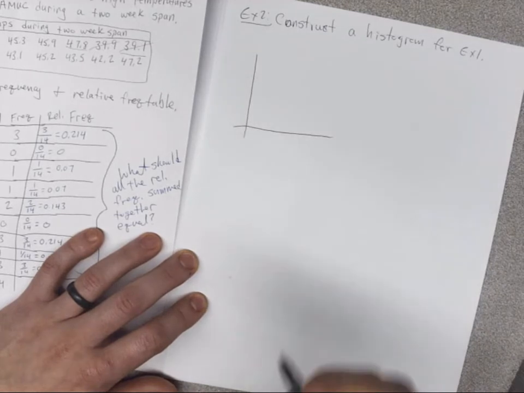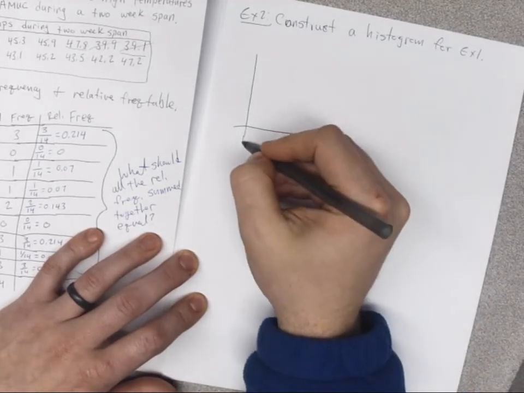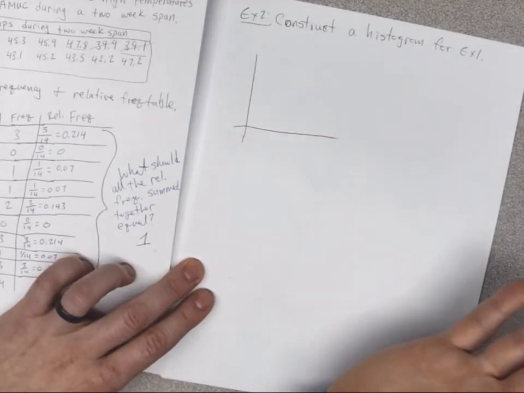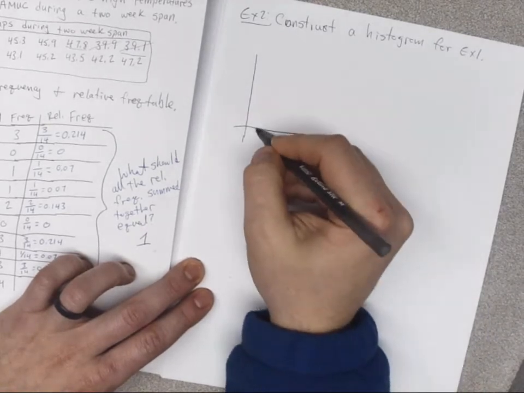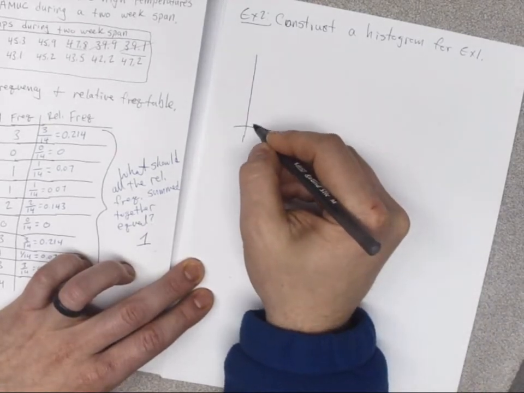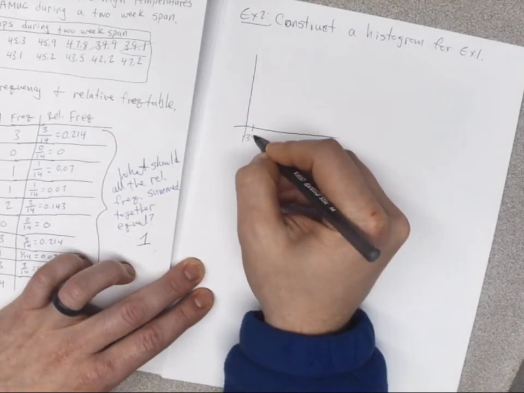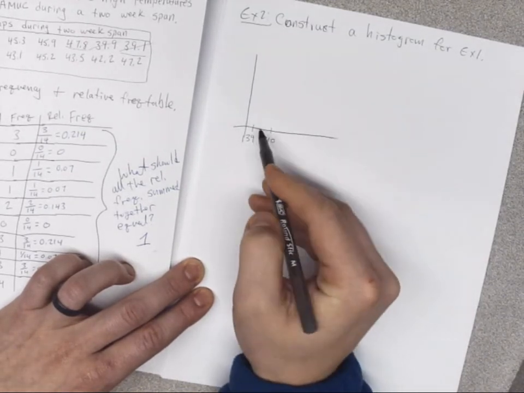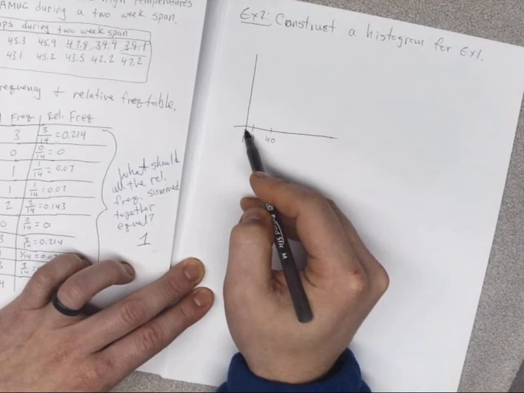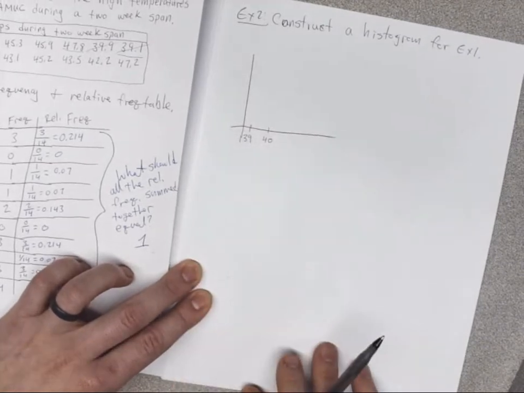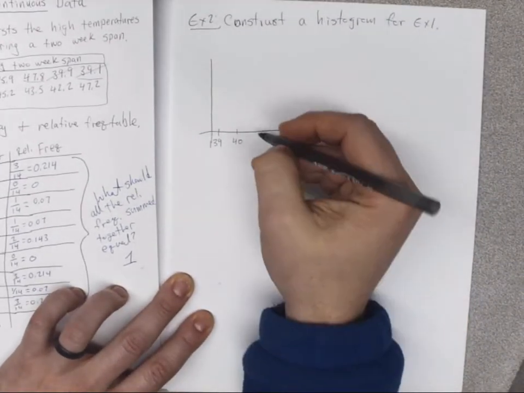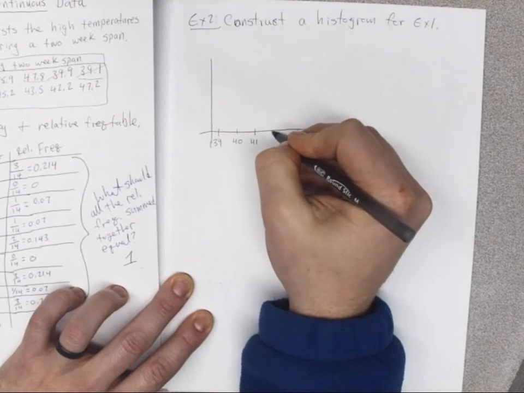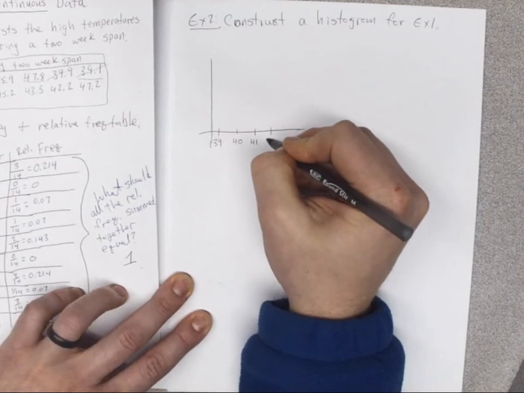So down here on the bottom is where it will be a little different. Here now you want to actually use tick marks to label here's 39 and here's 40. And don't start 39 here, because then that looks like 0 and can be kind of misleading. So just keep going like this until you get to your last interval.